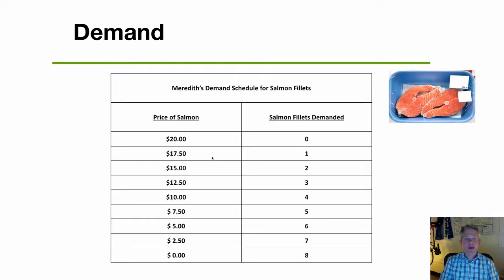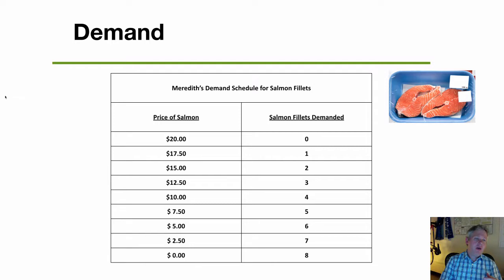All right. So here is a basic demand schedule for something like salmon. You can see we have the prices over here, and at $20, how much does Meredith, this is an individual demand curve, right, how much does she demand? Well, at $20, she demands no salmon fillets.